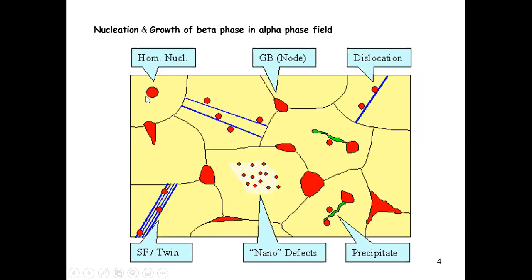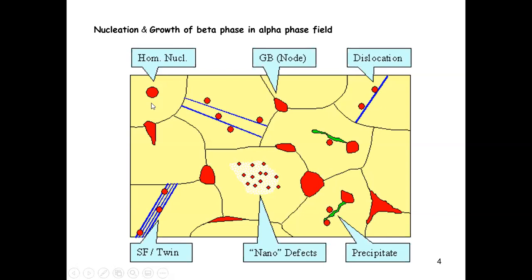What you have here is a very large alpha phase field, shown in yellowish color, and we have green structures, right? Because we've already started with a solid phase, this is more like the real homogeneous nucleation. You have a different solid phase, the beta phase, shown in red here, growing out of or formed from the alpha phase field. We can call this a homogeneous alpha phase field, or single crystalline alpha. Okay, so this is homogeneous nucleation.